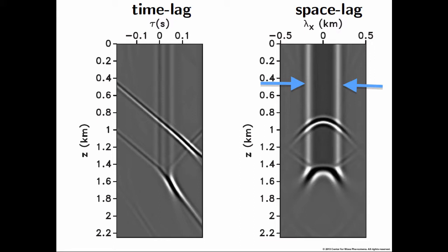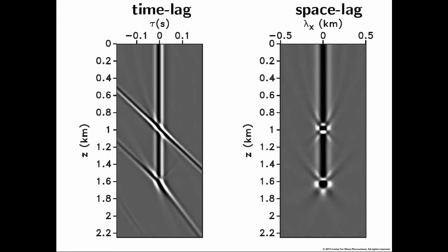If the velocity is correct, we hope that the backscattering will move to zero lag as well as the reflected energy. This means that everything is in synchronization, basically. So this is for low velocity. As we move to correct velocity, most of the energy in the gather moves to zero lag.